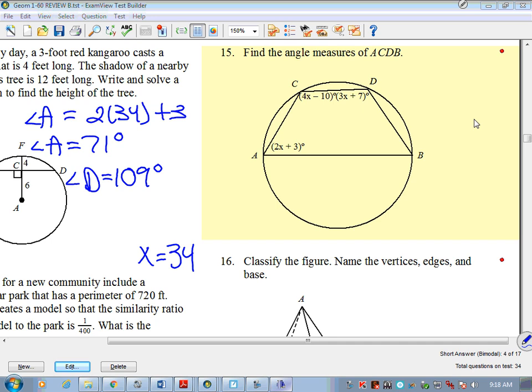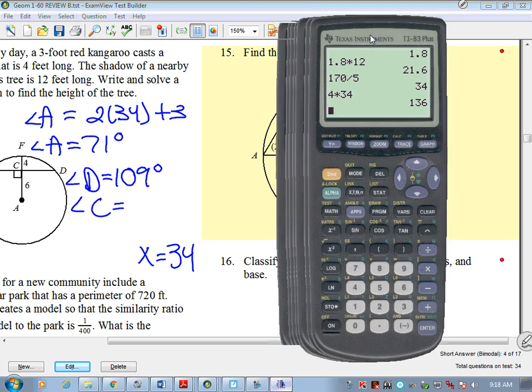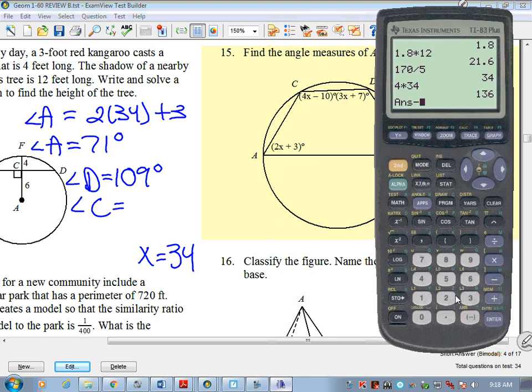I will plug my 34 in for angle C, 4 times 34, 136 minus 10 is 126, so angle C is 126 degrees.